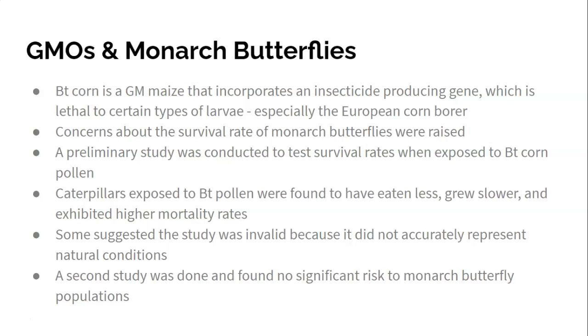So then there were concerns about how monarch butterflies are going to be affected by this. Because they need to eat things too, and if you're adding this insecticide to things, are the butterflies going to be affected? And so they did a preliminary study to test the survival rates, and the caterpillars that were exposed to this ate less, grew slower, and had a higher mortality rate.